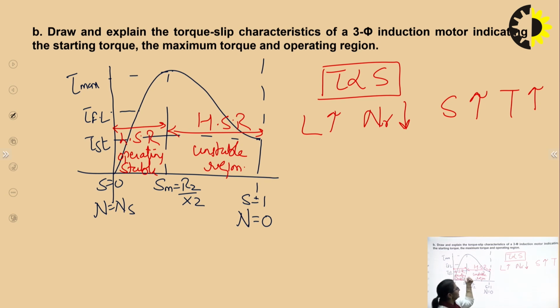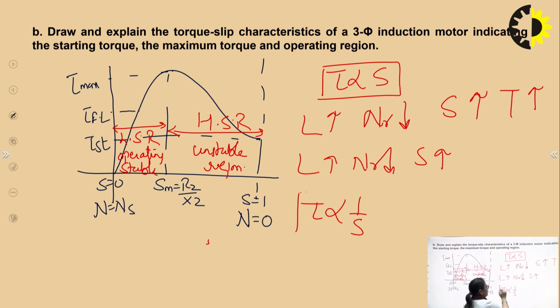Whereas, in the high slip region, which is moving towards 1, what is happening? If I increase the load, the speed will decrease and the slip will increase. But in this particular case, the torque is inversely proportional to the slip, right? So, if the slip increases, the torque will decrease.